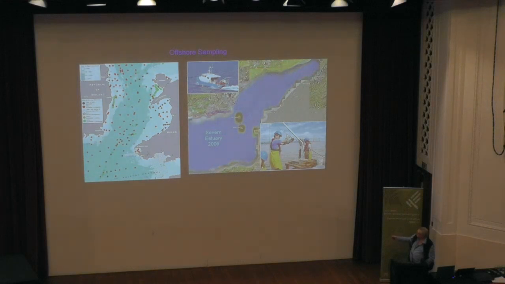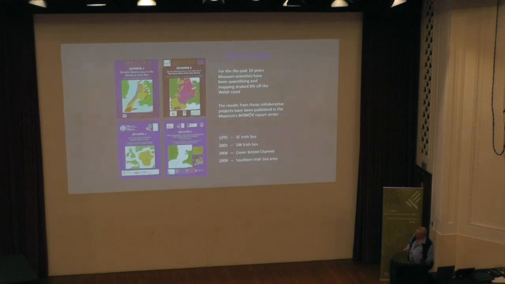So most of the Southern Irish Sea, top of the Celtic Sea, Outer Bristol Channel, and also we've done some sampling up in the estuary. We haven't done any between Worm's Head and Lavernock Point, and we haven't done any from Anglesey to Liverpool Bay, but otherwise we've got quite good coverage of the seas around Wales.